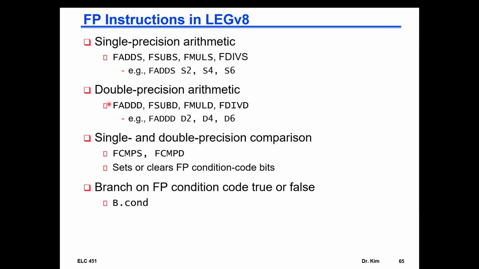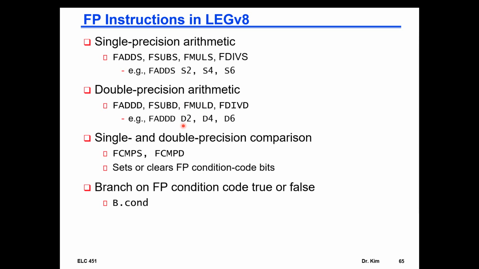There is also double precision arithmetic: add, subtract, multiply, and divide. For example, this instruction is a floating point double precision addition of double precision registers 6 and 4, with the result going into double precision register 2.